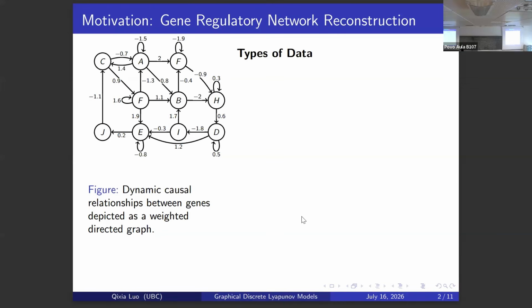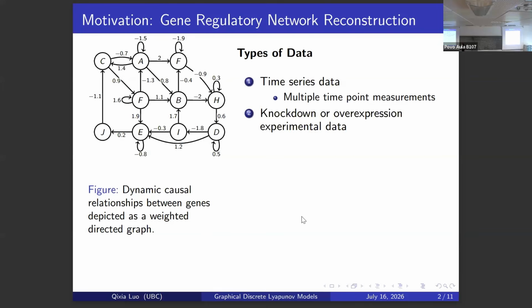There are several types of data that can be used for this end. First, there's time series data, which is data that's collected from multiple time points, and there's also something called knockdown or overexpression experimental data. In this case, researchers will conduct experiments and control the expression of certain genes and see how this affects other genes of interest, and draw conclusions this way.